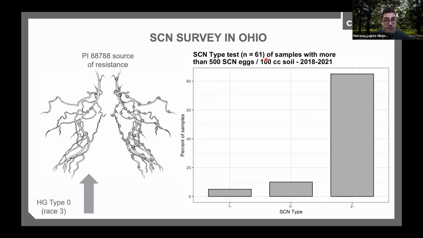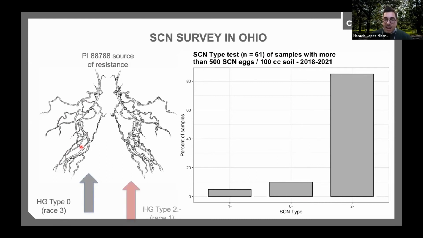And what we see is that 10% of that is the SCN type 0, the wild type, which means that for those 10% of those samples, we can use any cultivar that says resistant to soybean cyst nematode, and we will do a good job at managing it.